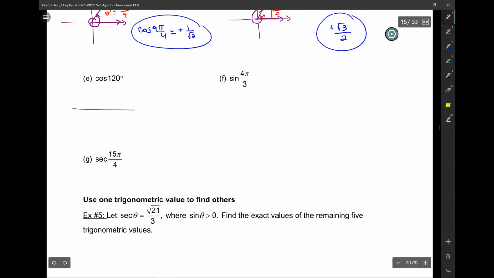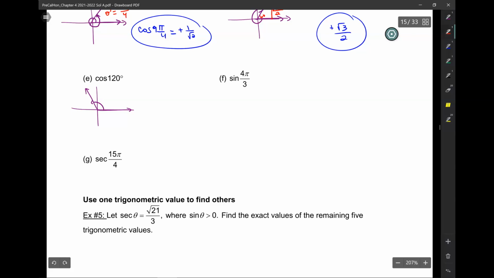Okay, cosine of 120. 120 is not there. 120 is here. So theta prime is 60 again, right? So let me just do it to scale for you guys.